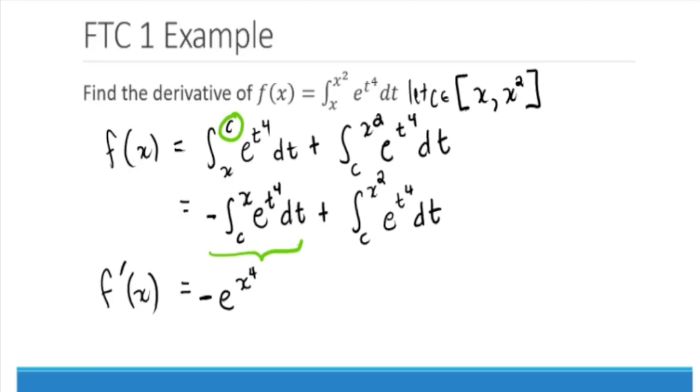Okay? And then the second part would be, note that x squared is our upper limit. So, plus e raised to t to the fourth, where instead of t, it becomes x squared, times the derivative with respect to x of x squared.